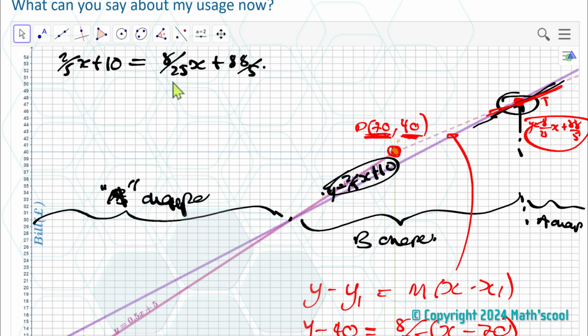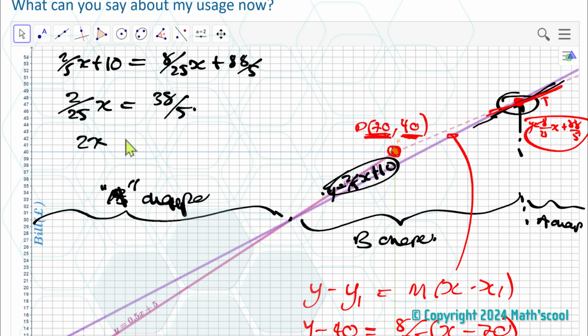And so I can minus the 8 over 25 x from both sides. So that will be 10 over 25 minus 8 over 25, so it's going to be 2 over 25 x equals, and then I can minus 10 from both sides. So that's going to be 50 over 5, so that's going to be 38 over 5. And then I can multiply both sides by 25.